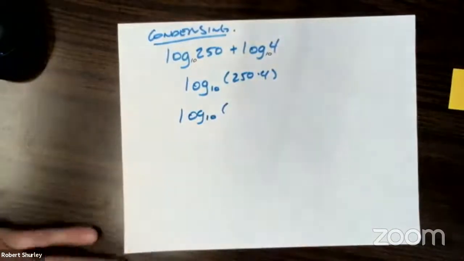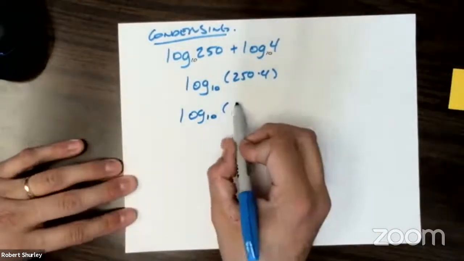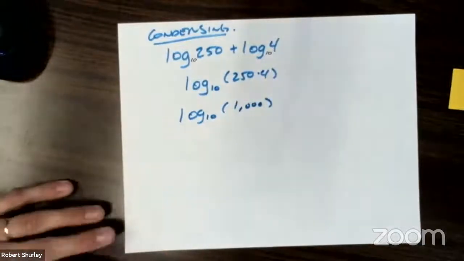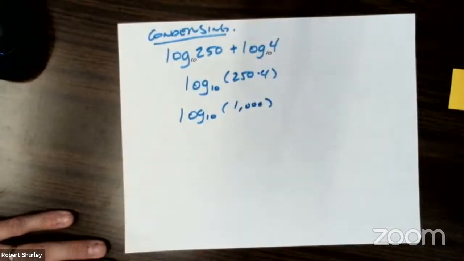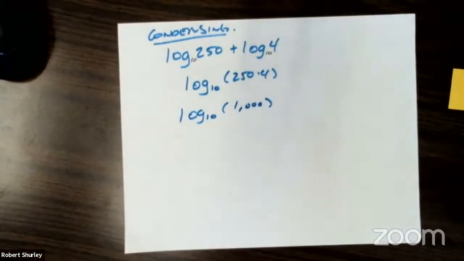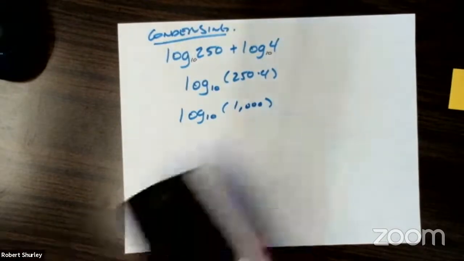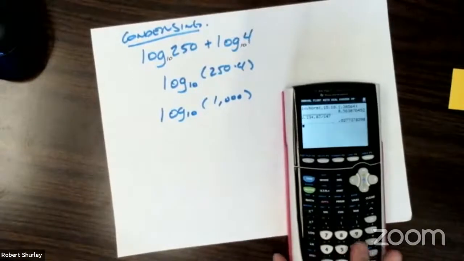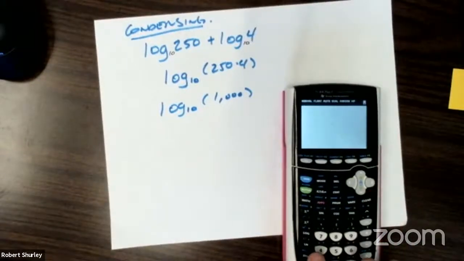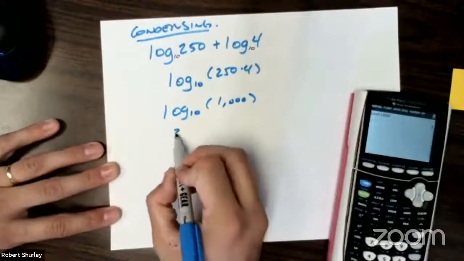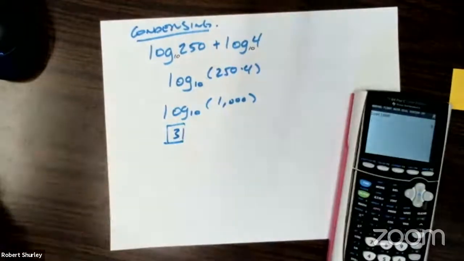Now, 250 times 4, that would be 1,000. Now you can say, oh, 1,000, that's 10 cubed, so this is just 3. But I'm going to be lazier and just put it in my calculator. I've got base 10 in my calculator, right? That's just the log button. Put in log of 1,000, I get back 3, and I'm done.